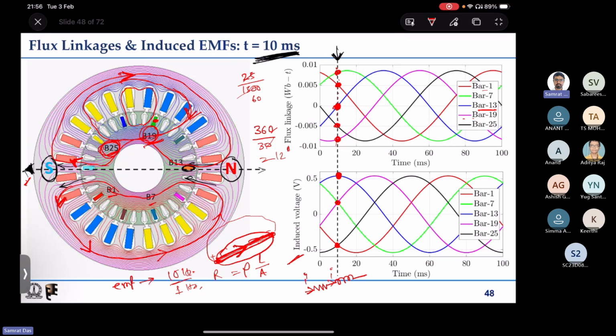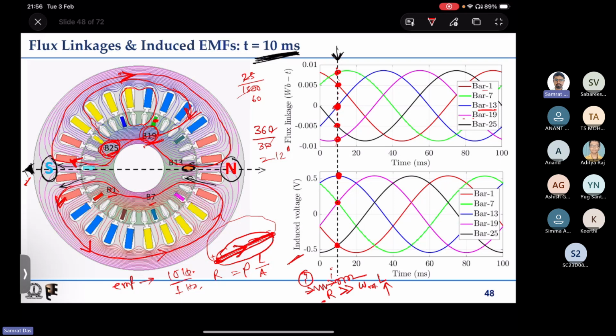In most of these cases, because the induced EMF has very low frequency, at that frequency the resistance of each rotor bar is very high compared to the inductive drop, which comes from the inductance of each bar.